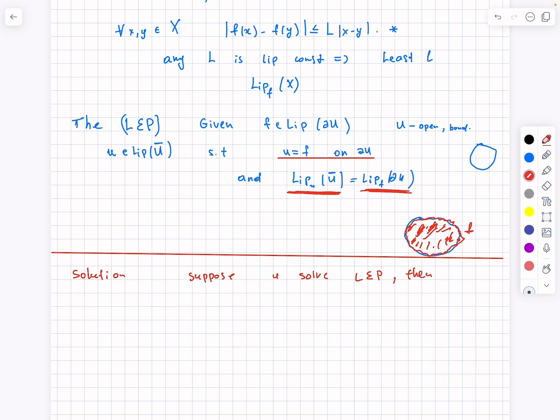Then if y is on the boundary of U and x is in the whole U bar, the whole domain, this big U means our domain, then u(x) is less or equal to f(y) plus Lip(f, ∂U) times |x - y|.